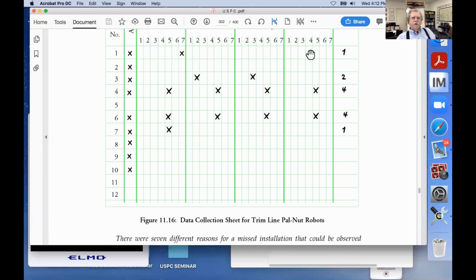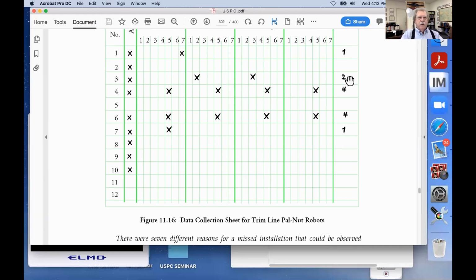Then, if one of them is a miss, you mark the reason for rejection. There's 7 reasons for rejection you can spot standing outside the cage. Drop nut, nut upside down, jam in the feed tube, jam at the head, and so on. So that's 1 missed out of 4.